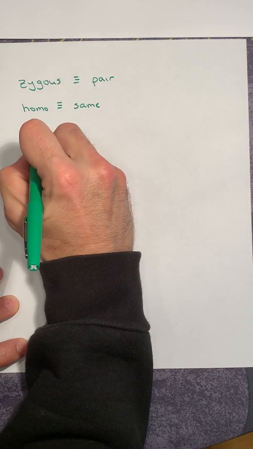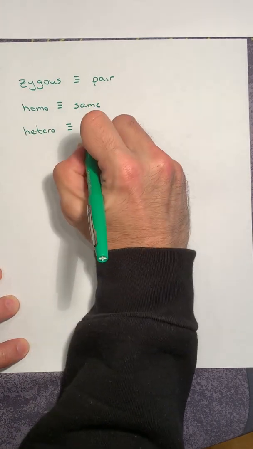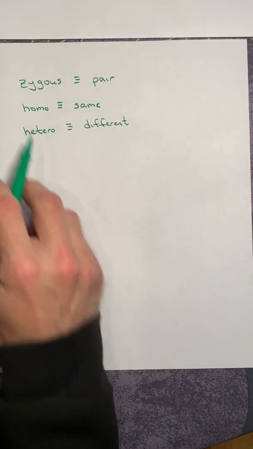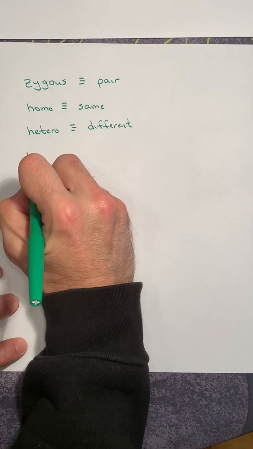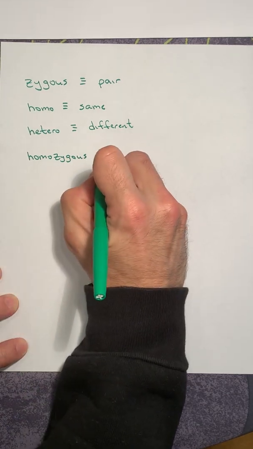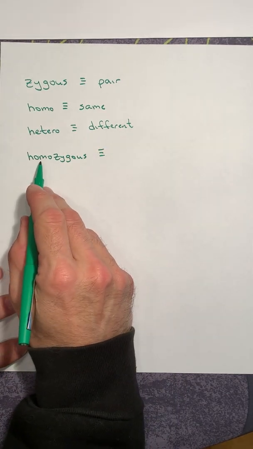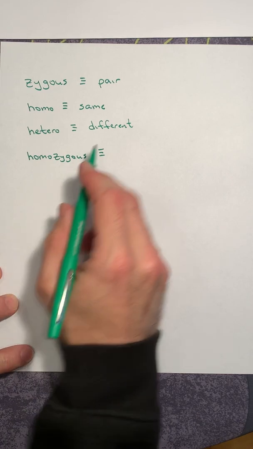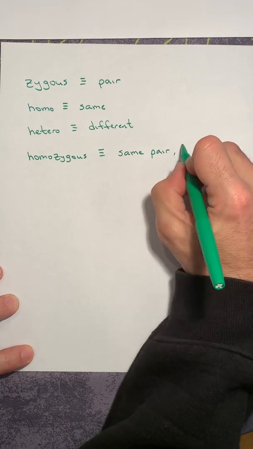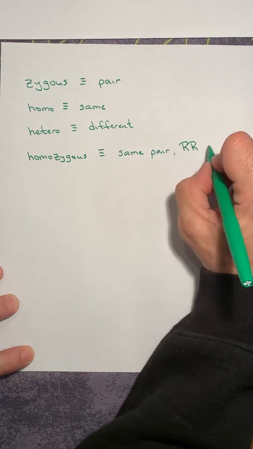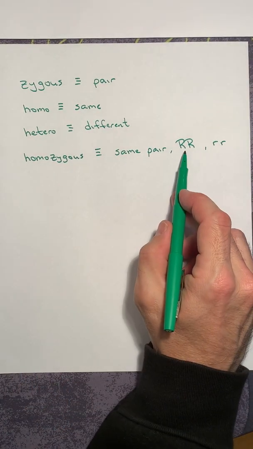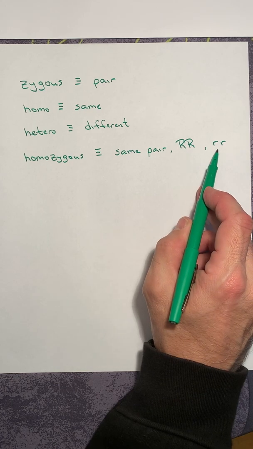Whereas if the pair is different, that would be hetero. You put these roots together and you get homozygous. Sounds fancy. It's not. Homo meaning same, and zygous meaning pair. This would be the same pair, as in big R, big R, or little r, little r. This is a homozygous, and this is a homozygous.